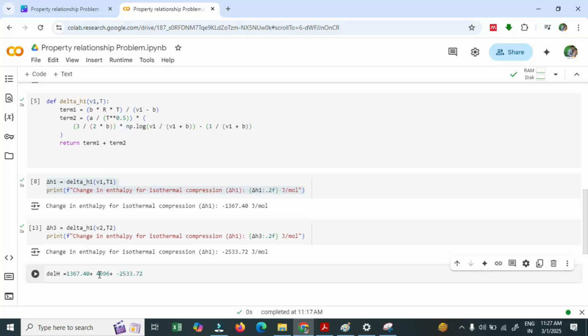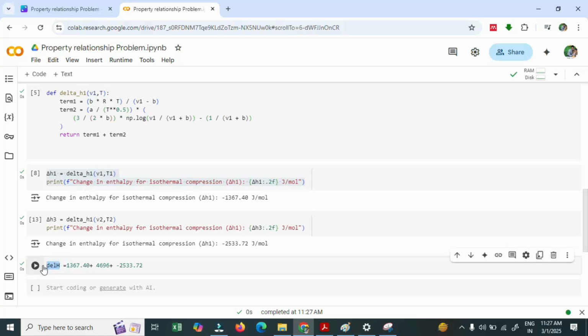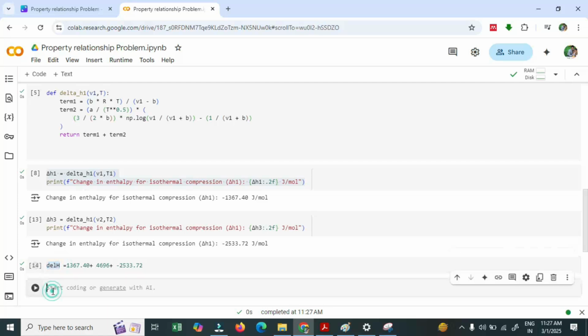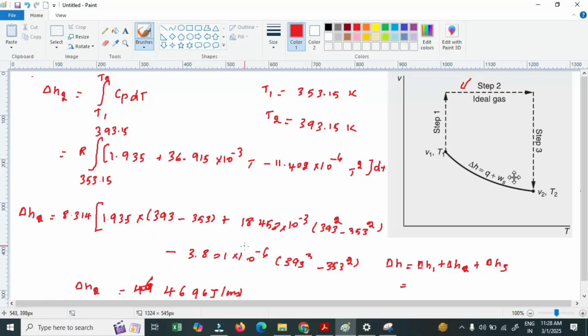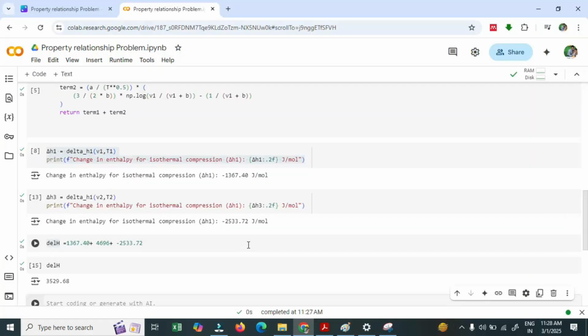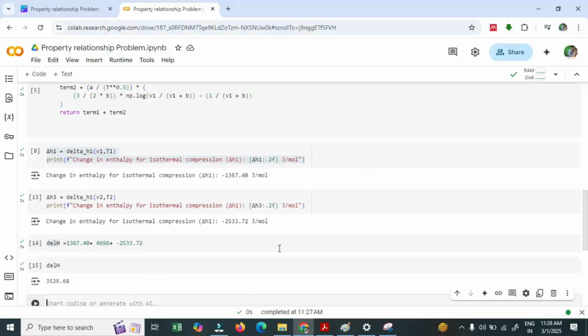So here I'll be getting 3529, let me check, 3530. Yeah, 4696. Yeah, we'll get approximately 3529.6.